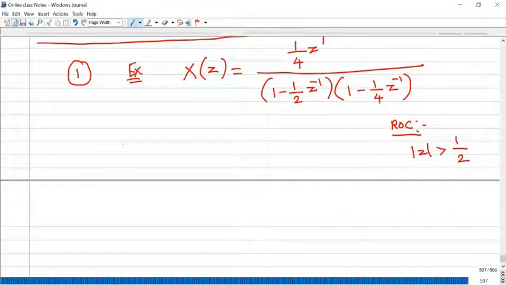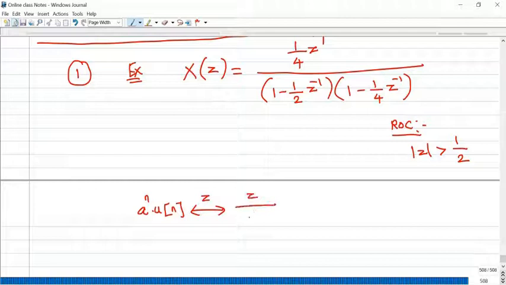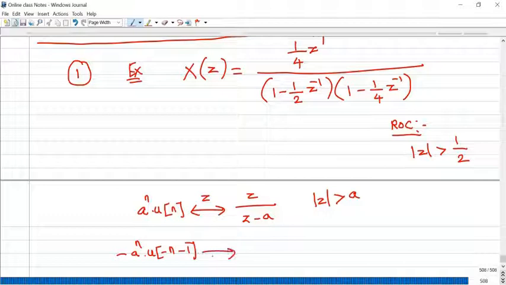So what formulas are to be remembered to solve this problem? A power n u of n has z transform z divided by z minus a, with modulus z greater than a. Minus a power n u of minus n minus 1 has z transform z divided by z minus a, the same result, but the ROC is modulus z less than a.